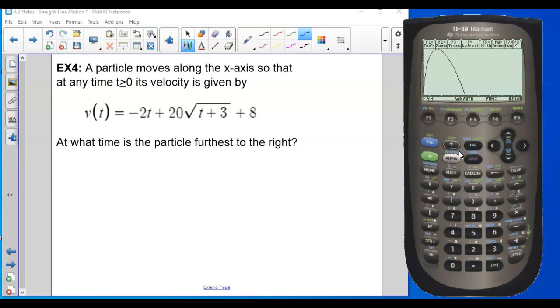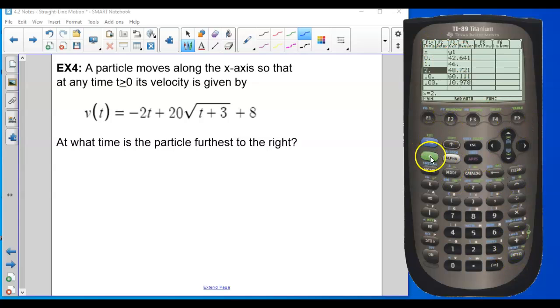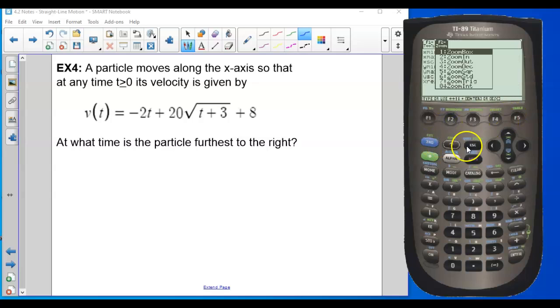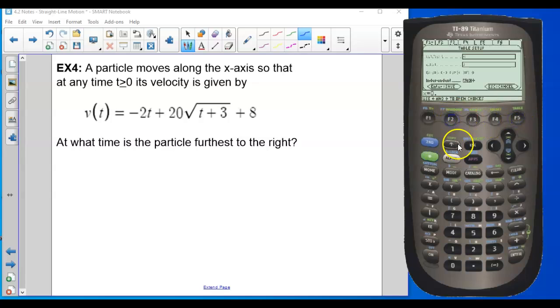Now, I know this because I am looking at my notes here. Another way you can know that this is eventually going to go back down, if you go to your table and you look at your numbers, let's go back to table, to F2, which is set up.